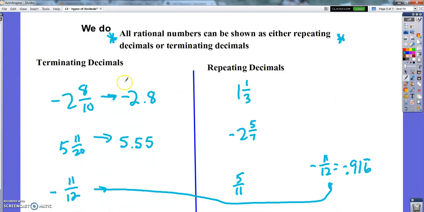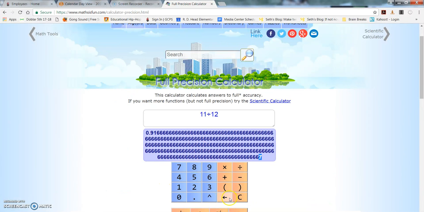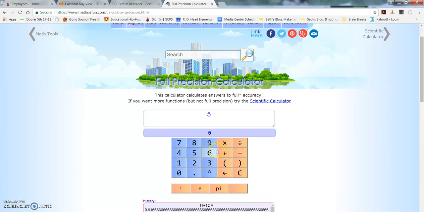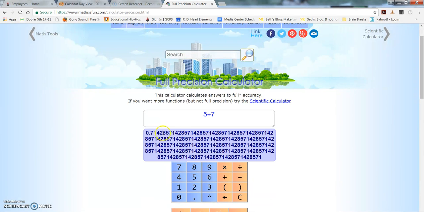All right, so we've got 2 terminating decimals. These will also be repeating decimals, 1 1/3. I think you know that decimal. That's 1 3 repeating. And sevenths will always give you a repeating decimal too. 5 sevenths.